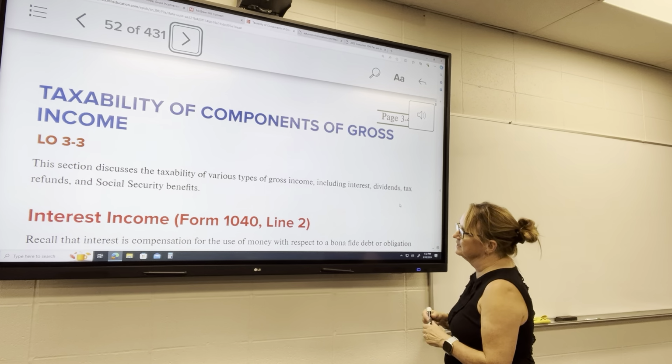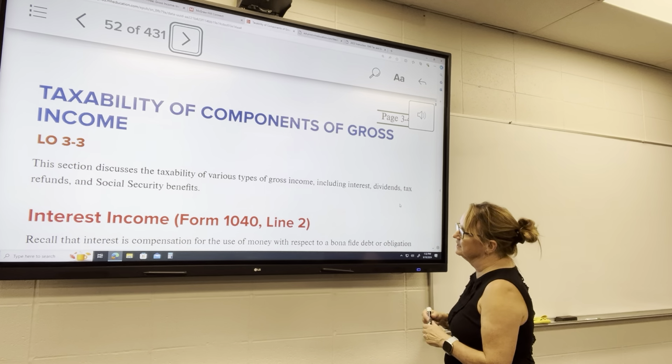These are a popular investment vehicle, especially for retirees, because the interest that they earn is not subject to federal taxation, and in most cases not subject to state taxation either if they meet certain criteria. So this is interest on bonds that's issued by any state, any possession of the U.S., so that means Guam, Puerto Rico, those places, Virgin Islands, any political subdivision, so state or local, county, or the District of Columbia.